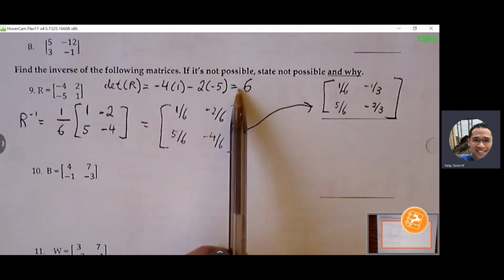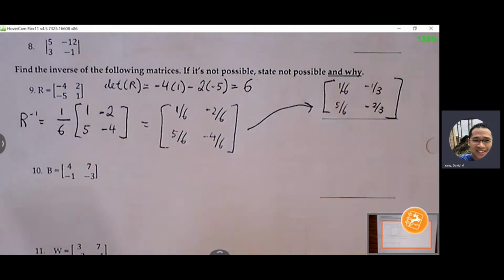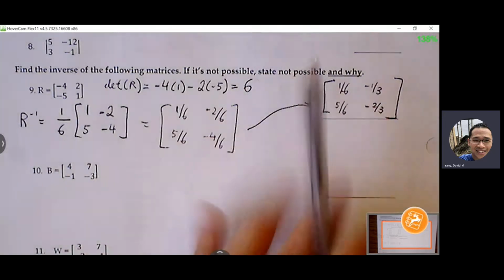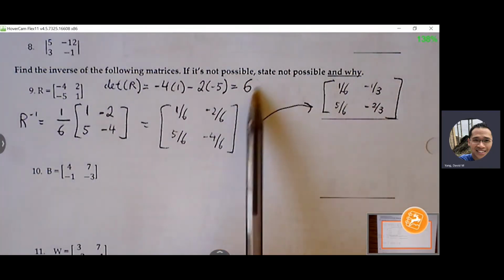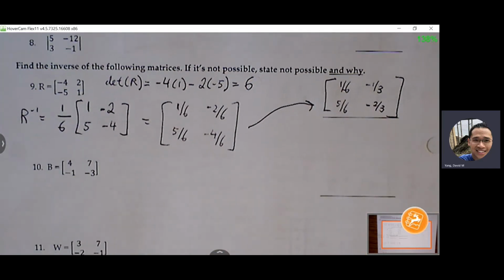No inverse is going to be possible because I can't stick a 0 in this space, right? I can't put it in a denominator. So you would just say determinant is 0, therefore inverse would not exist, okay? But that's only if determinant is 0. If it's any other value, then you're going to be able to find an inverse. Okay, any questions with 9?